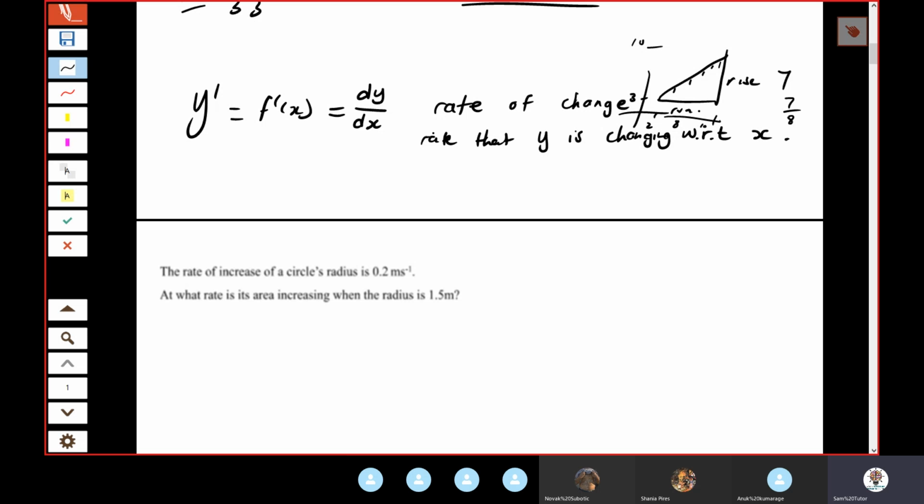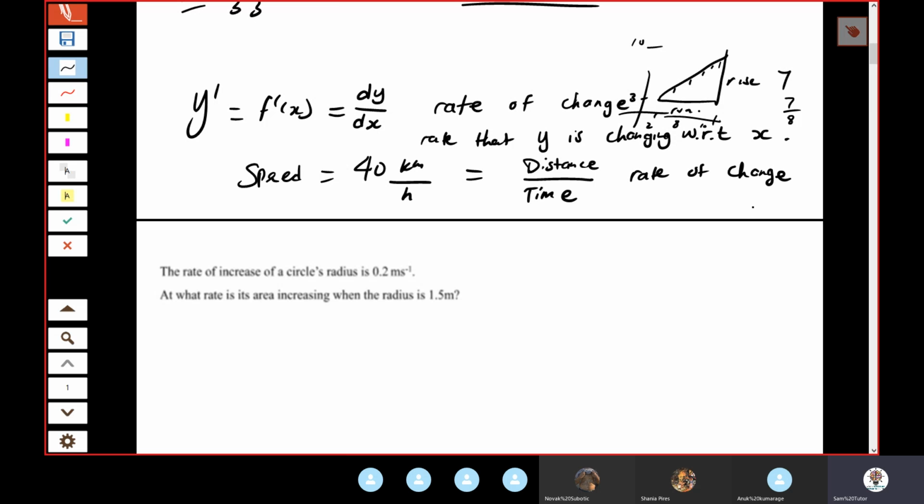Another application that you're probably used to is speed. The most common one you're probably used to is 40 kilometers per hour. Well, speed is equal to 40 kilometers per hour. Isn't that distance over time? So then wouldn't this also be a rate of change? It is the rate that, what is changing?